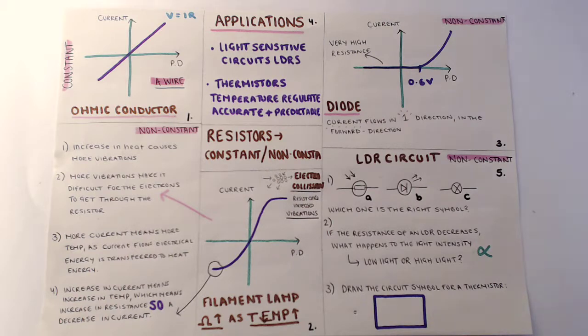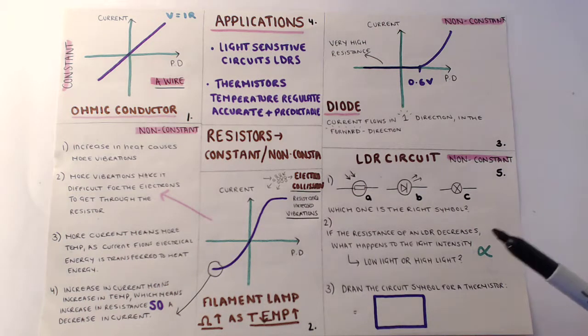Okay. So question number 2. Again, I want you to pause the video and try it out for yourself. If the resistance of an LDR decreases, what happens to the light intensity? Will it be low light or will it be high light? Okay, so hopefully you've unpaused now.